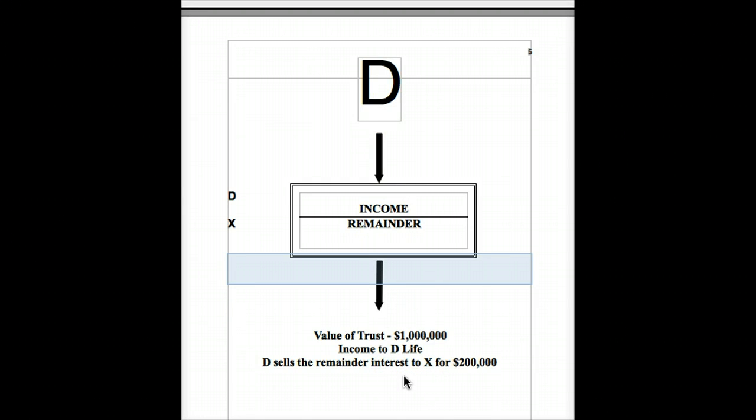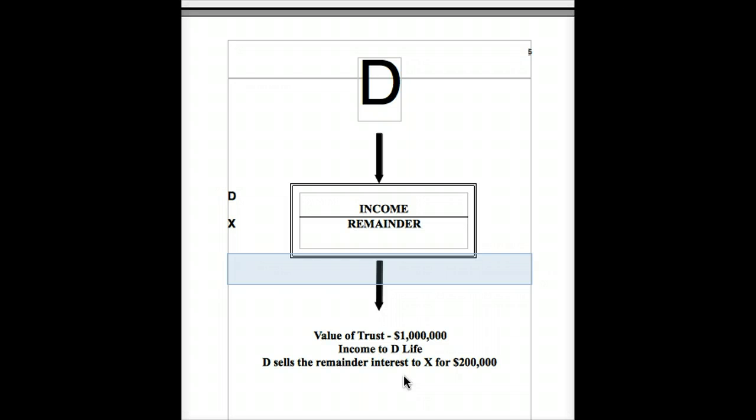Now, this is different from the determination regarding whether a bona fide sale occurred, because a bona fide sale is considered as occurring as long as X used its own consideration with no help from, say, D. If that's the case, you have a bona fide sale, and this is going to come into play dealing with family limited partnerships.